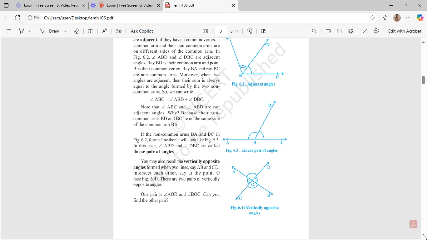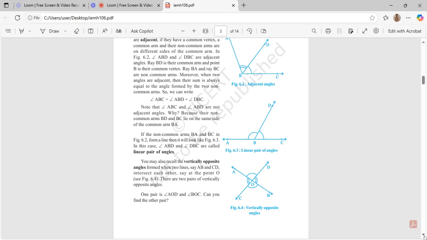So what is the sum of the measures of the angles in a linear pair? We already discussed that the angle on a straight line is 180 degrees. When a linear pair is formed, the two angles form a straight line, so that is connected with the angle on a straight line.